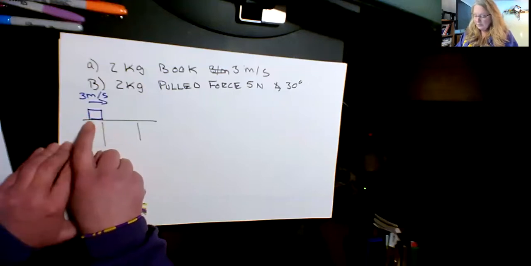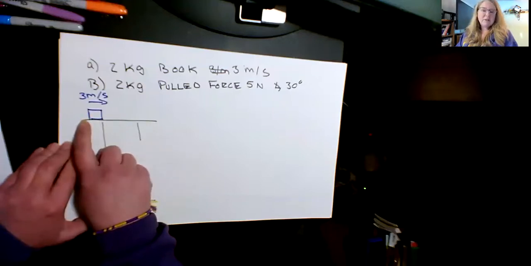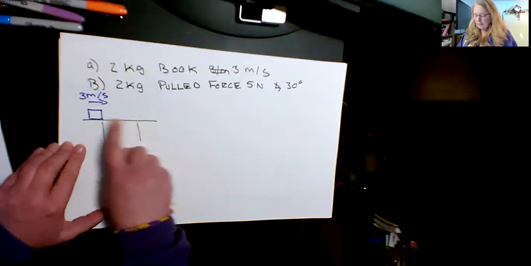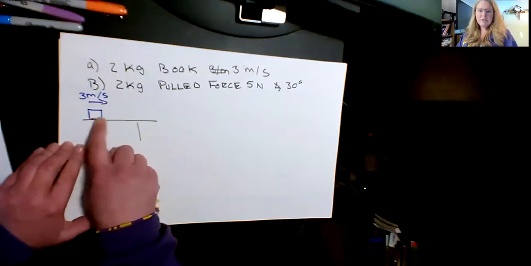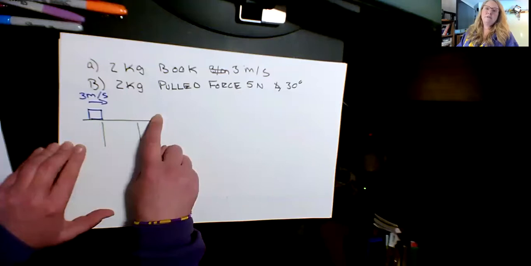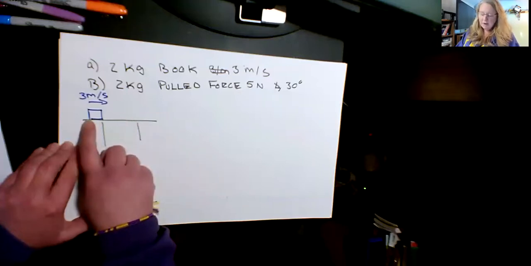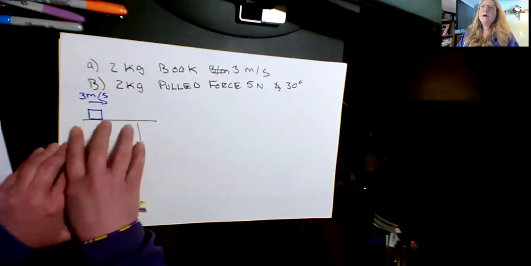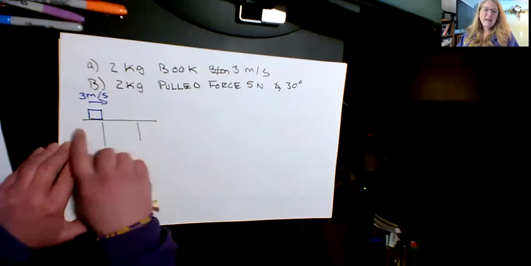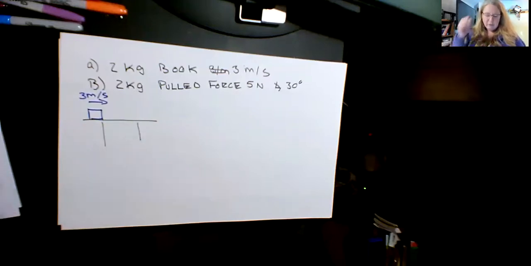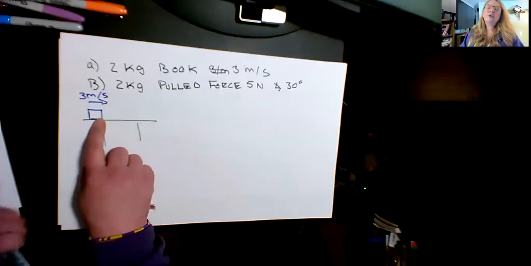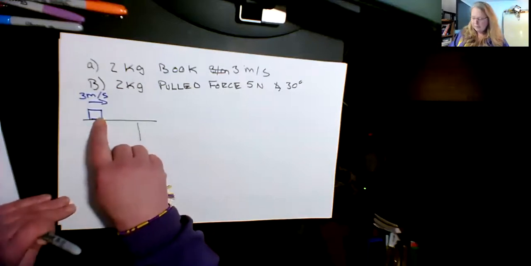It could be that this table is totally frictionless. So like this really beautiful sheet of ice, and the book is just sliding across that frictionless surface. Because believe it or not, if I put anything on this perfectly smooth piece of ice, it will slide forever and ever and ever.